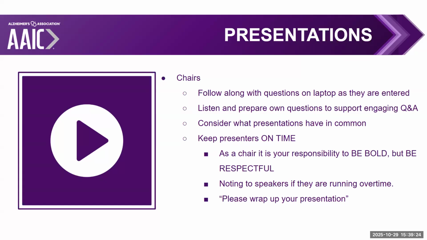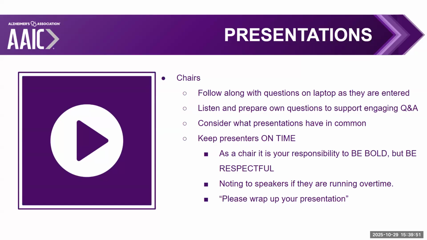But logistically, you have to keep presenters on time. As chair, you want to be bold, but also be respectful. So if someone is really running over time, you gently want to say, please wrap up your presentation as you've reached your time. And also there are cues for the presenters as well. So on stage, they will see a traffic light system where there's red, yellow, and green.